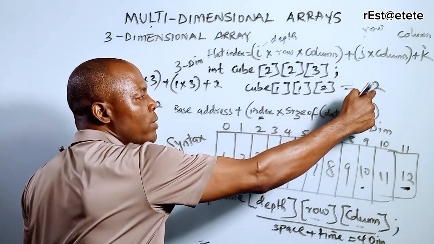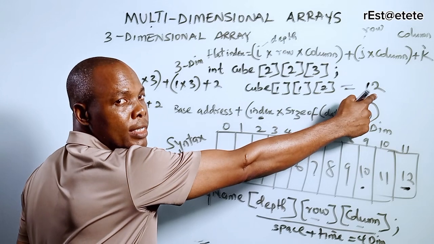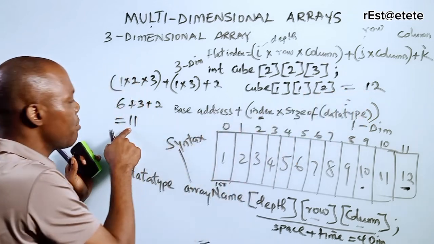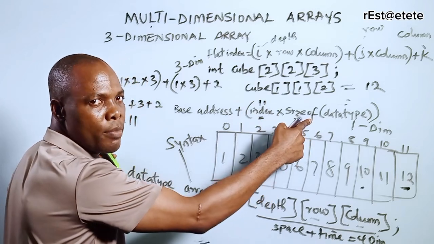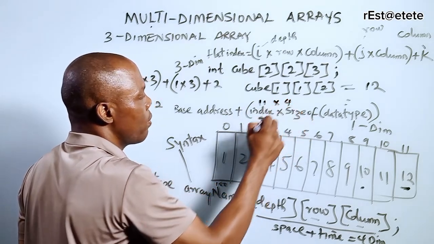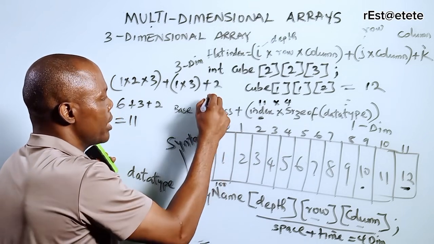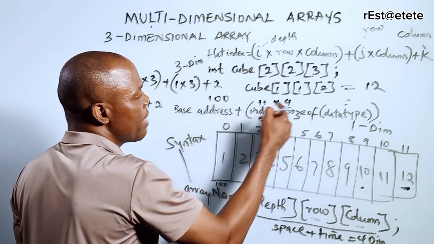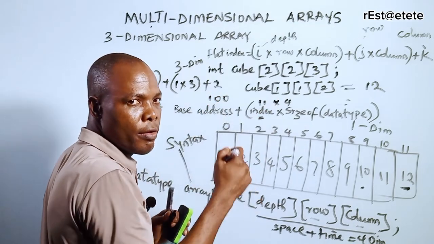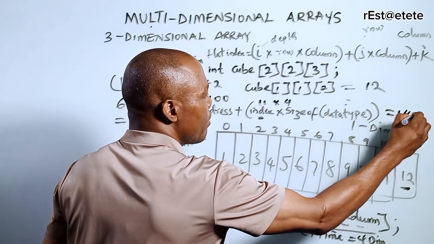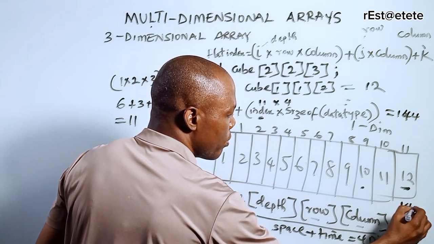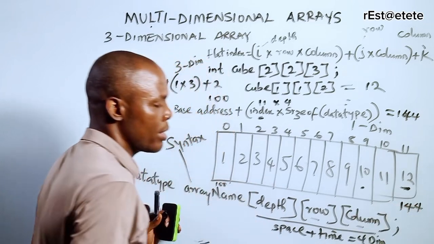Now, how will I calculate the address of this? I bring the 11 into this place. The data type is 4, so 4 times 11 is 44, with a base address of 100, plus this, 144.